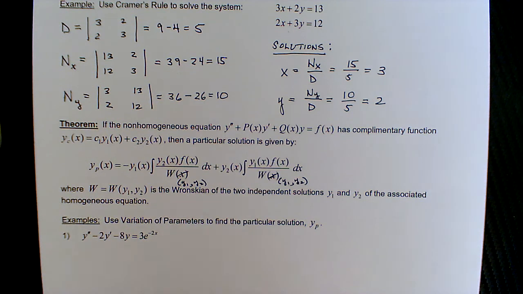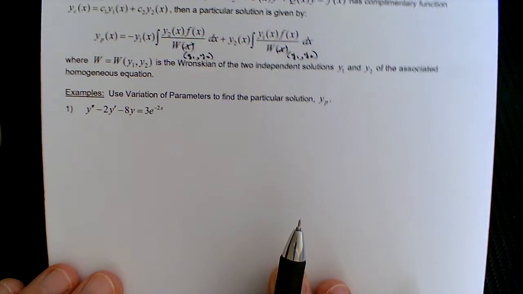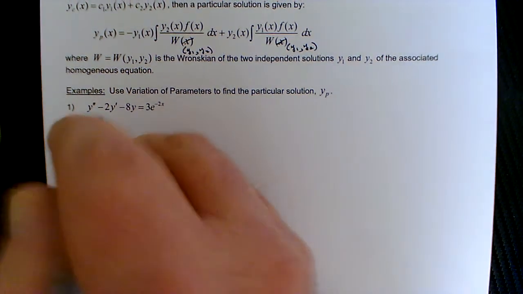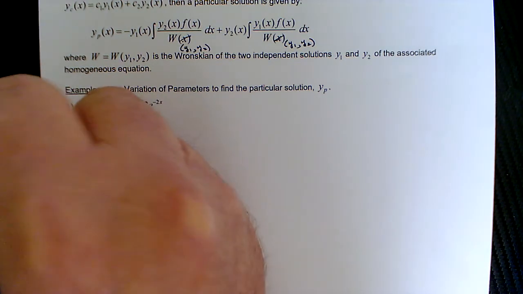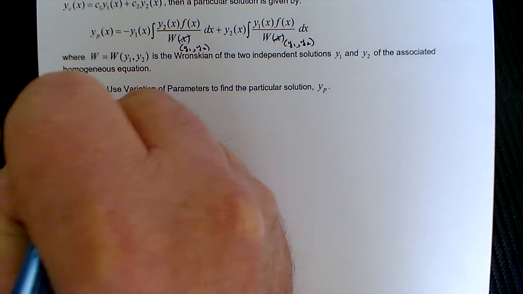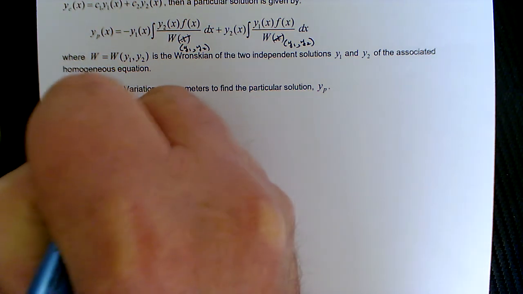So here's an example. I want to find the particular solution. The first thing is to form the associated homogeneous equation, and that would be, of course, just setting this equal to 0.